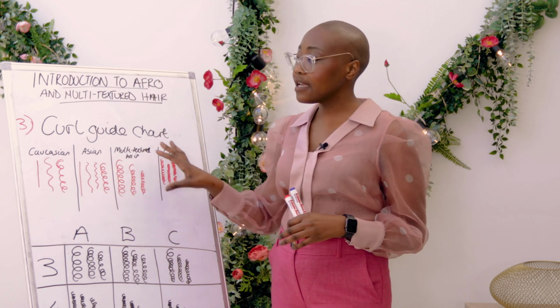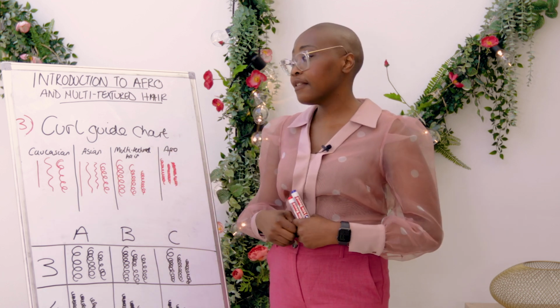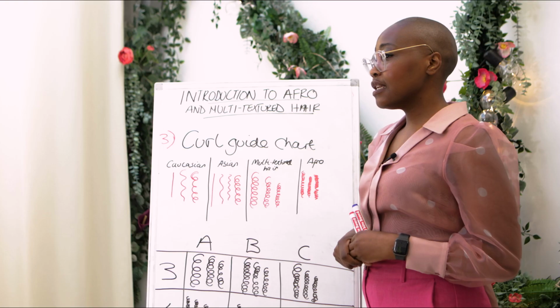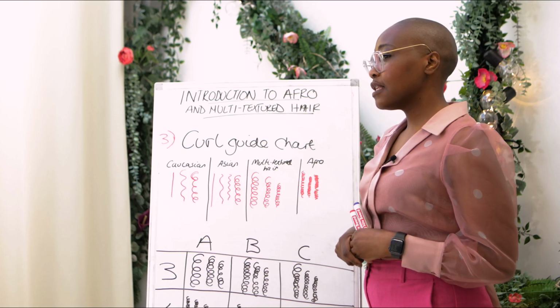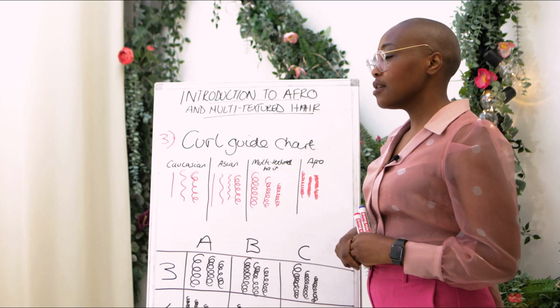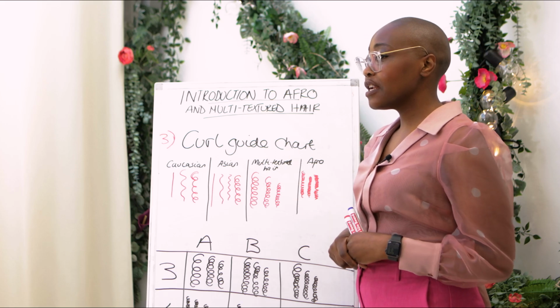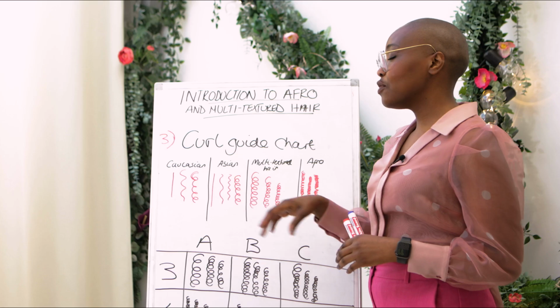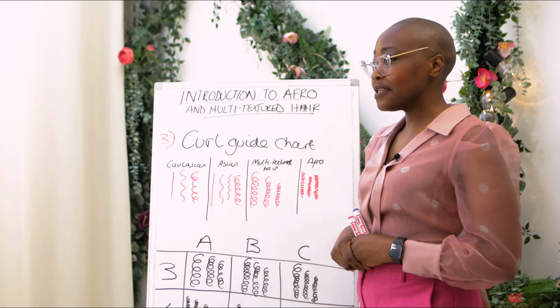So I just put this here so that it helps us to really start to understand that. I realized recently when I was teaching somewhere else that not everyone really knows what Caucasian or Asian hair texture is. It might seem crazy. How can no one know what Caucasian hair is? But I was in a training academy recently, and I asked the students, do we know what Caucasian hair is?